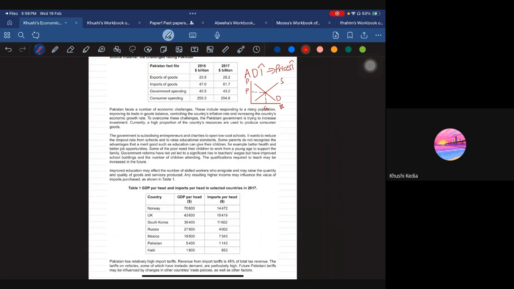If the demand increases to D1, it will result in the price increasing and the quantity increasing as well. So inflation is happening. Now look at the case and think about the 2 points.